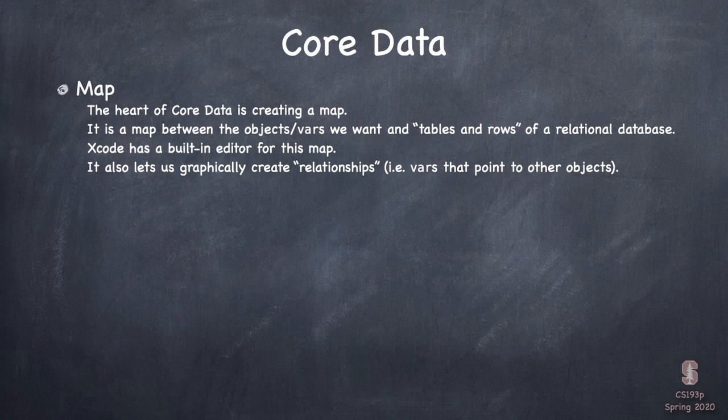Now, the heart of making this work in core data is this map, and it is a map between the objects and the vars on those objects and the tables and rows of a relational database. Now, if you don't know what relational databases are, you really don't need to know, because you're going to be focusing on the objects and vars, not on the tables and rows.